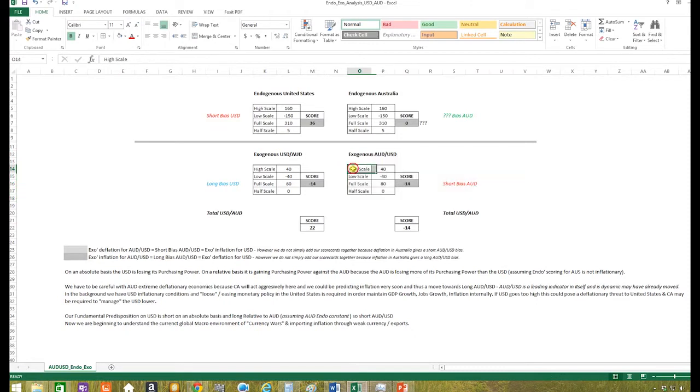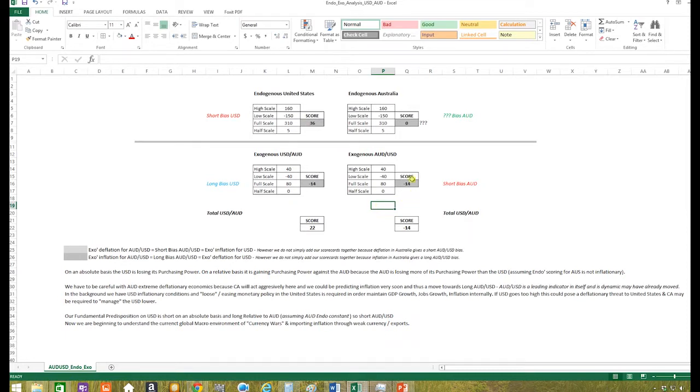And we have our scale, which we just saw over in the exogenous analysis spreadsheet. We have our scale of plus 40 to minus 40 with our full scale of 80 and our score of minus 14. And that is obviously on the scorecard deflationary for Australia, which by default is giving us a minor short currency bias in the Australian dollar.